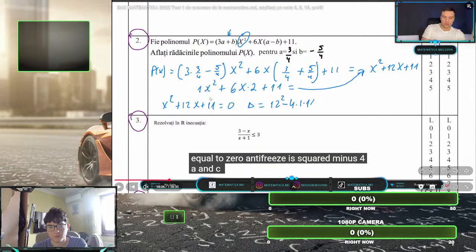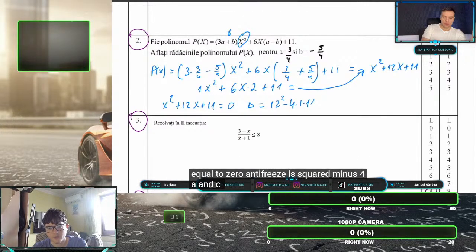So it's going to be 12 to the power of 2, which is 144 minus 44, and that's going to be 100. So delta is 100. Higher than 0, that's 2 solutions, and then we got x1, which is going to be minus the square root of delta, which is minus 10, minus b, which is 12. So you're going to have minus 10 minus 12 divided by 2 because it's 2 times a and a is 1.